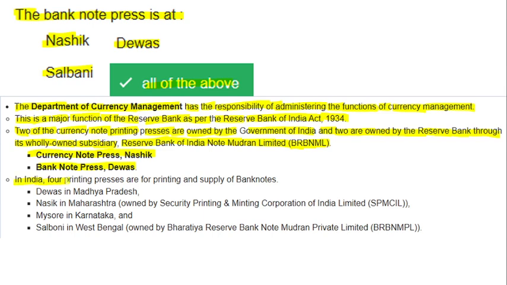In India, four printing presses are for printing and supply of bank notes. Dewas in Madhya Pradesh and Nasik in Maharashtra are owned by Security Printing and Minting Corporation of India Limited. Mysore in Karnataka and Salboni in West Bengal are owned by Bharatiya Reserve Bank Note Mudran Private Limited.